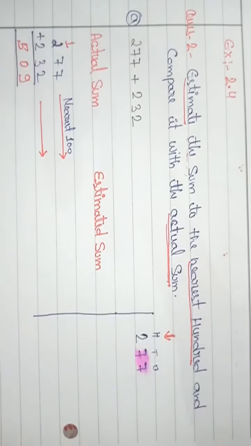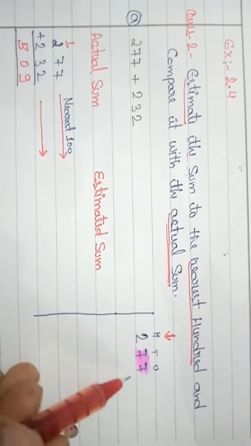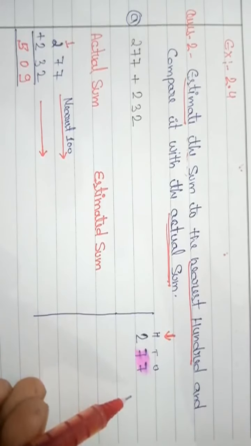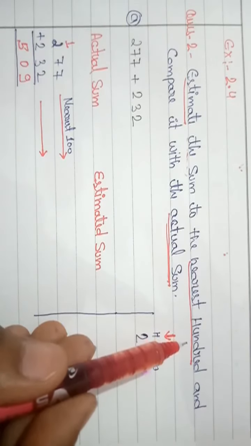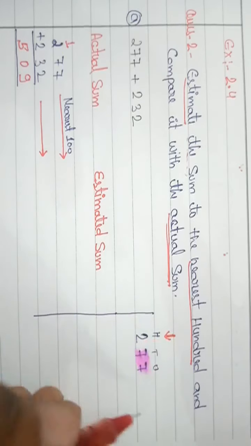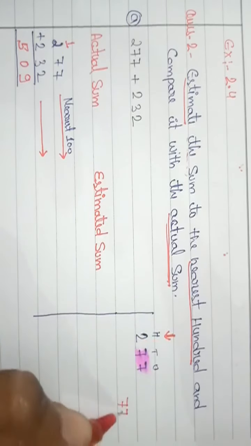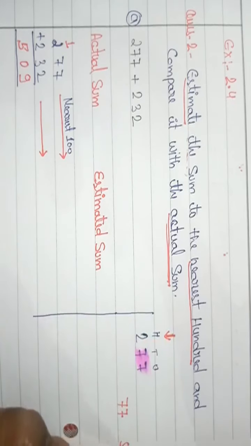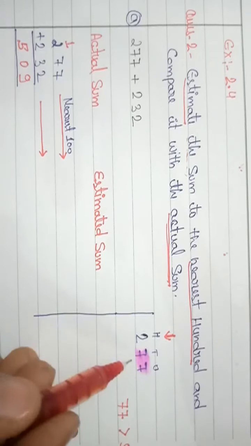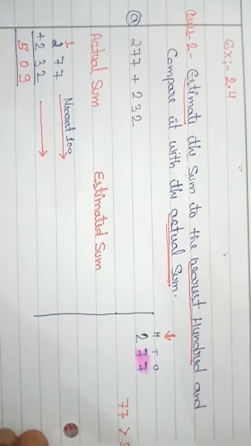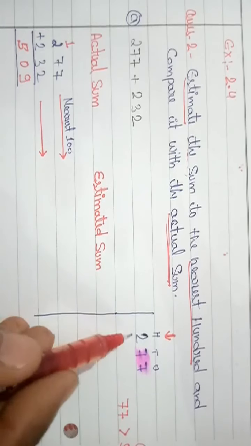Now compare your highlighted digit with 50, because here we are finding the nearest 100. Half of 100 is 50, so 77 and 50. Here 77 is bigger. If the highlighted place is bigger, add 1 in the target place.